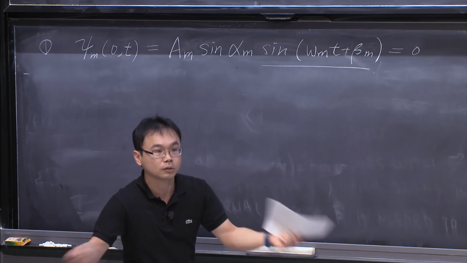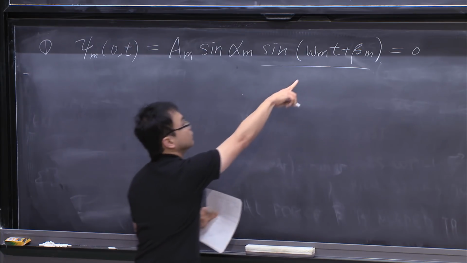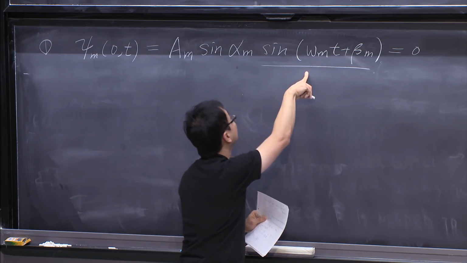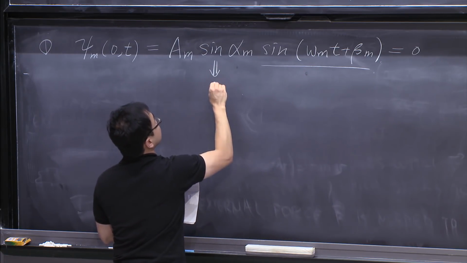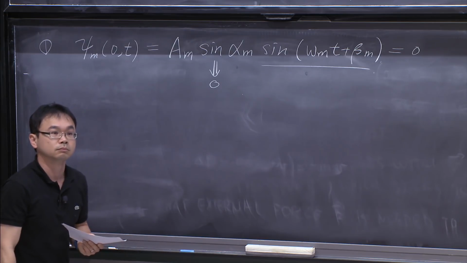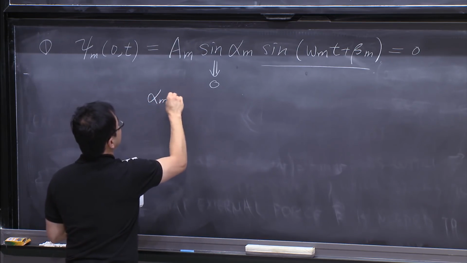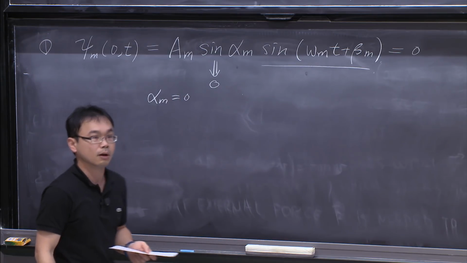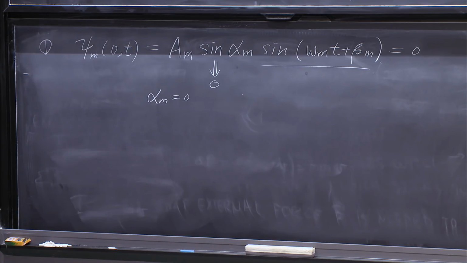Therefore, this cannot be equal to 0. So I conclude that sin alpha_n is equal to 0. That means I can choose alpha_n equal to 0. So that's given by the first boundary condition.